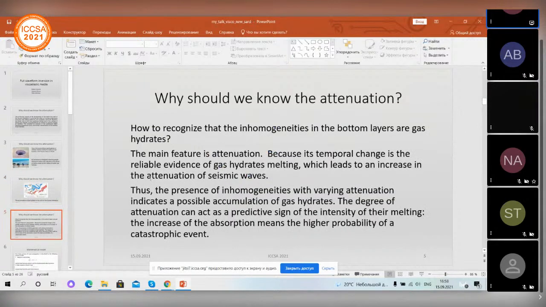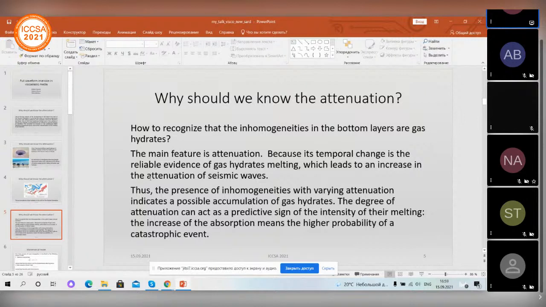So it is very important, and it will be very actual to have some tools to recover the concentration of the gas hydrate. But unfortunately, when it is frozen in the ice form, it is almost the same as the reference medium, and there is no way to distinguish between gas hydrate, methane hydrate, and the surrounding media. The only hope, in our opinion, is that we may follow the attenuation of this area.